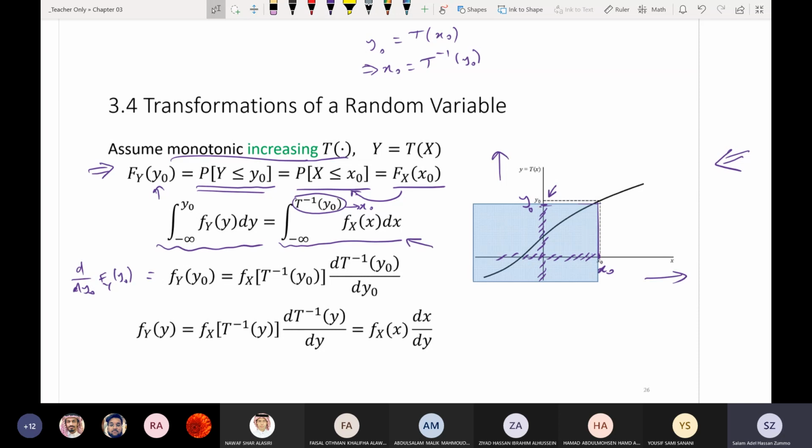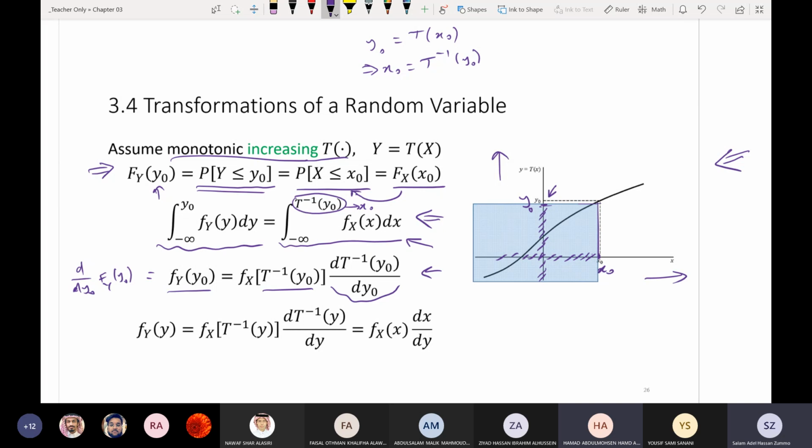Now, if we differentiate this, we get f_Y of y0, which is what? f_X evaluated at T inverse of y0, multiplied by the derivative of T inverse at y0 with respect to y0.